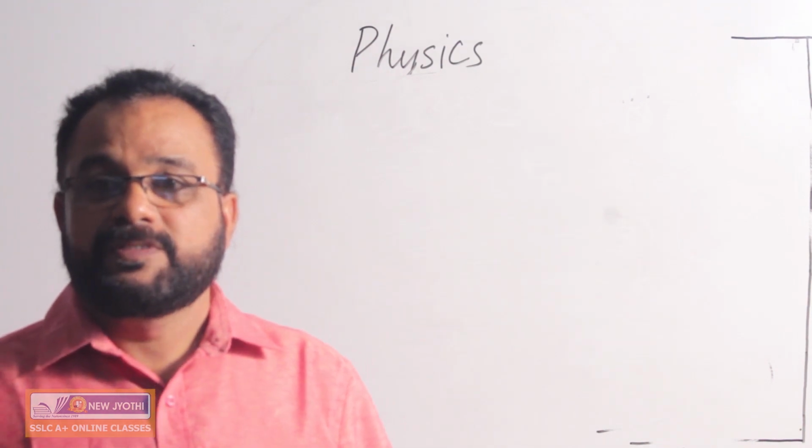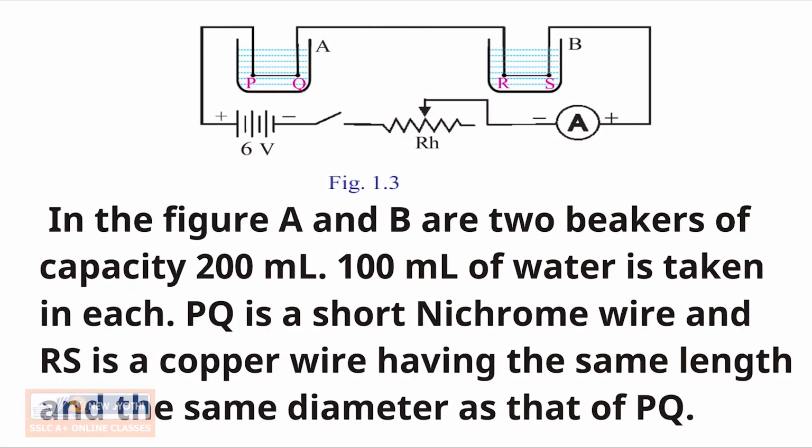Look at the figure. A and B are two beakers of capacity 200 ml. 100 ml of water is taken in each beaker. PQ, which is a short nichrome wire, and RS is a copper wire having same length and same diameter as that of PQ.